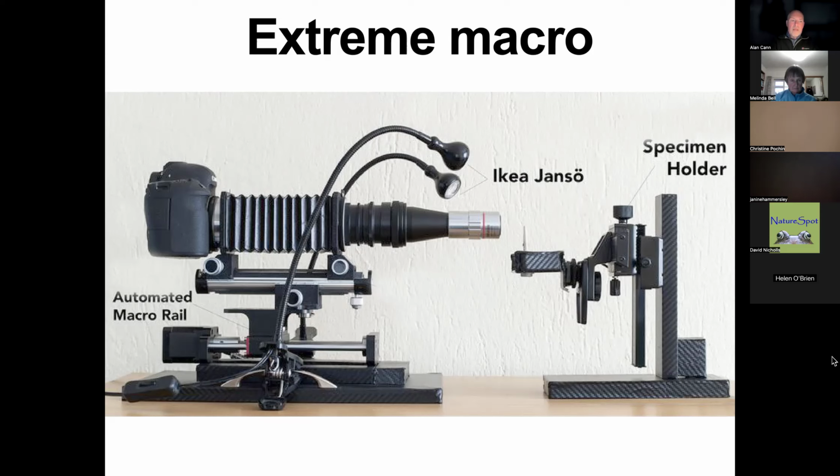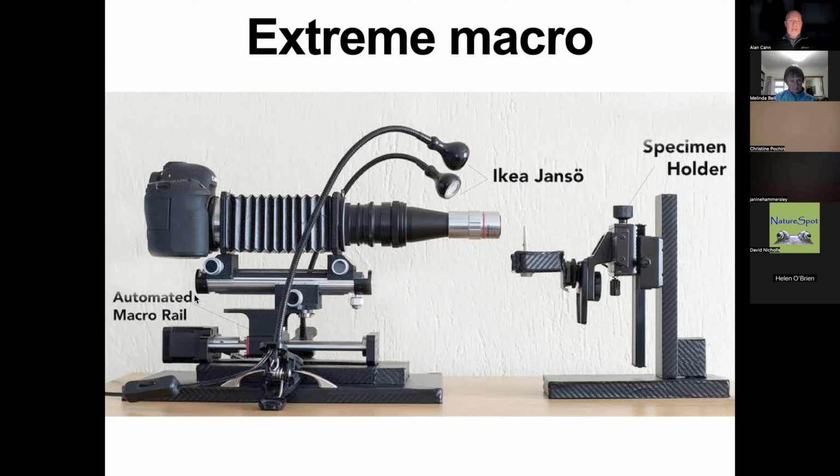You cannot hold a setup like this steady. And the second problem is you have a vanishingly small depth of field. So the only way you could produce images with this kind of setup is to take a great many images, often hundreds of images, and stack them together using focus stacking. Many people who do this type of photography use these automated macro rails.